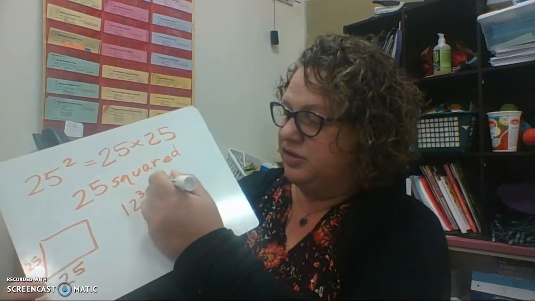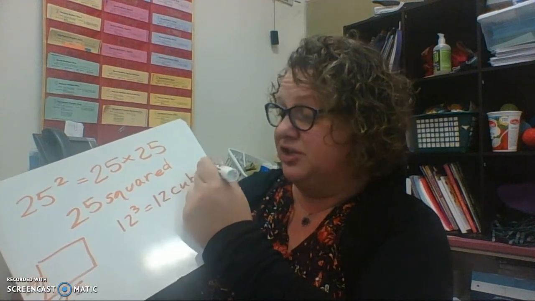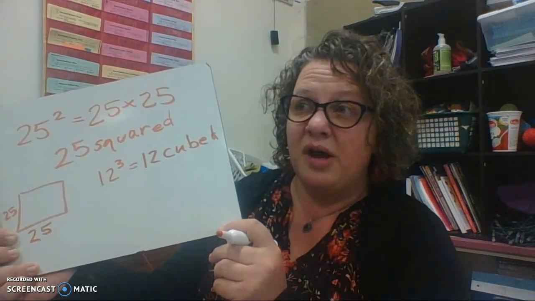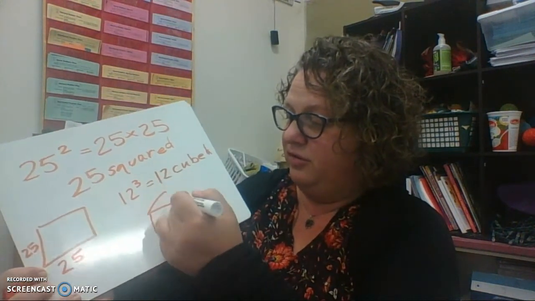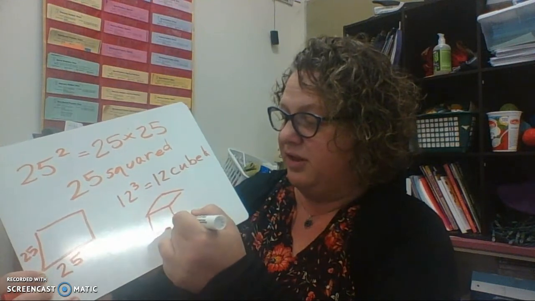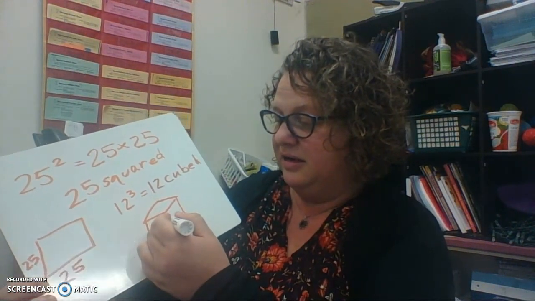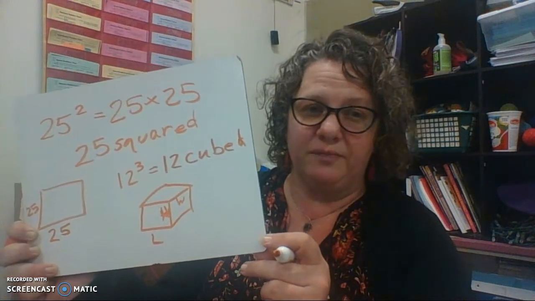So that equals 12 cubed. And the reason we call that cubed goes to geometry as well, because if you multiply 12 times 12 times 12, you are basically multiplying the length times the width times the height, which creates a cube, okay?